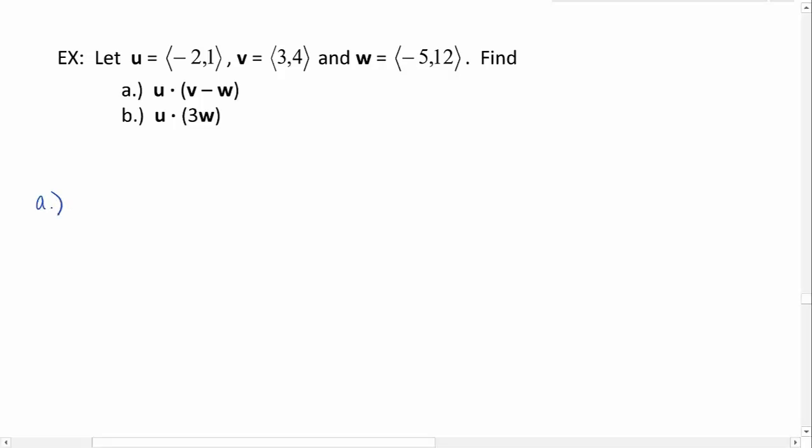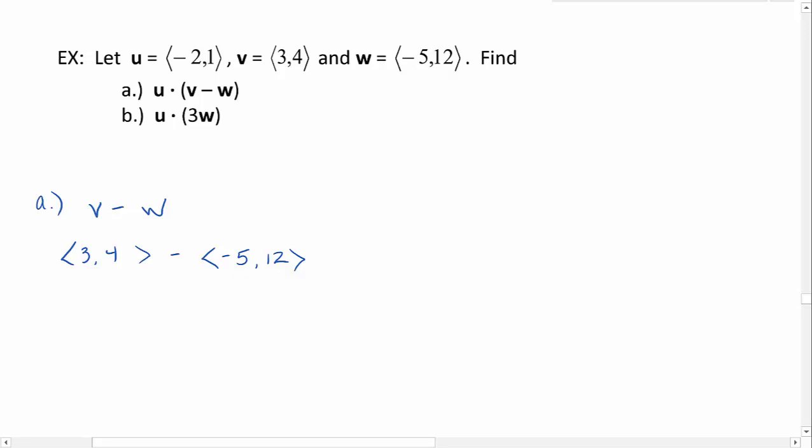I could distribute this dot product, but personally, I'd be inclined to subtract v and w first and then dot that vector with vector u. Remember, when subtracting two vectors, you're simply subtracting the first components, and then the second components.